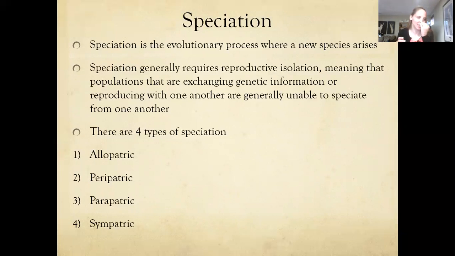This is essentially what Darwin recognized when he said that as soon as you have organisms on two separate continents, they're going to evolve separately because they're no longer exchanging genetic information. There are 4 different types of speciation. There is allopatric, peripatric, parapatric, and sympatric.